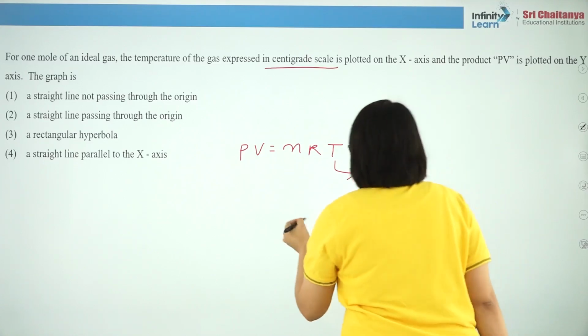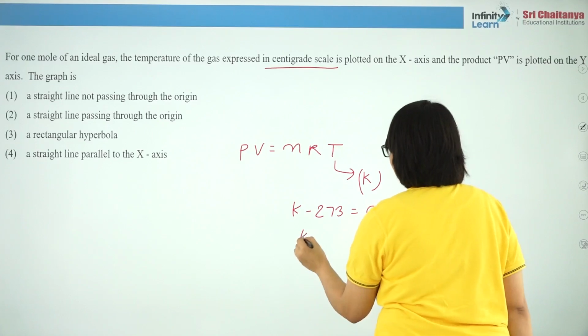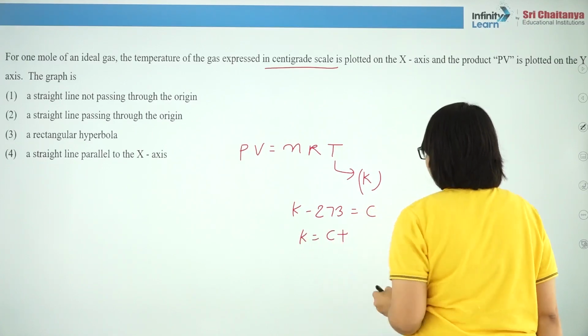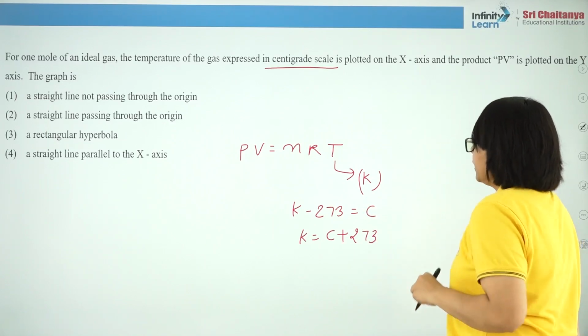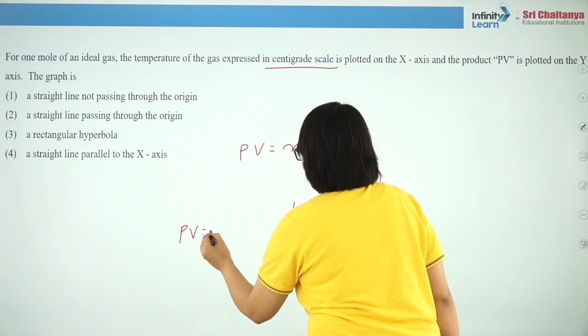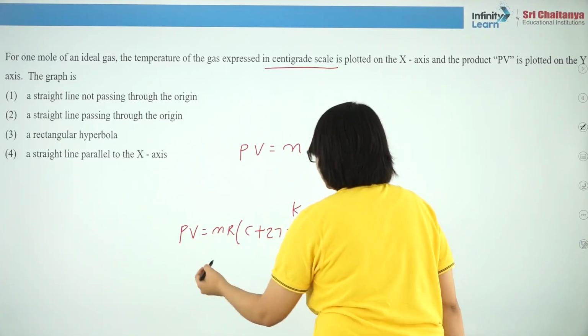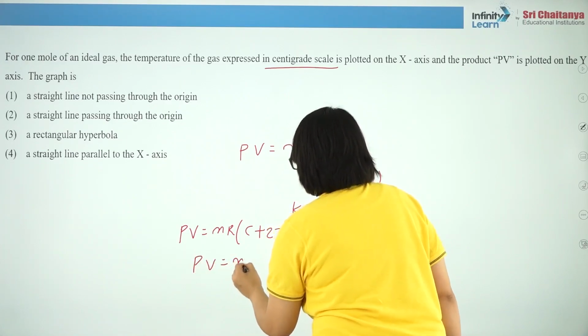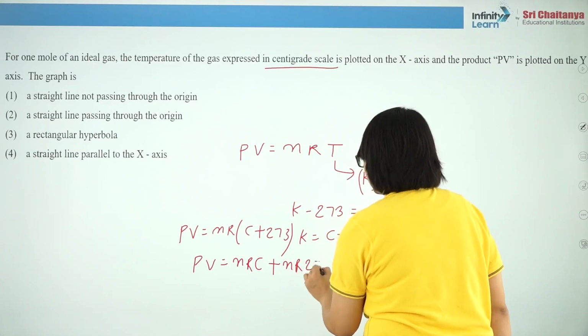So, we know that K minus 273 is equal to C. So, K will be C plus 273, right. Now, see, so the equation will be PV is equal to nR (C plus 273), right. So, PV will be nR C, which is temperature, plus nR into 273.